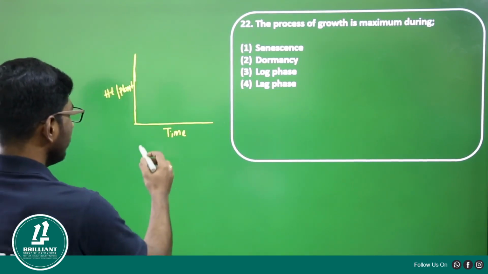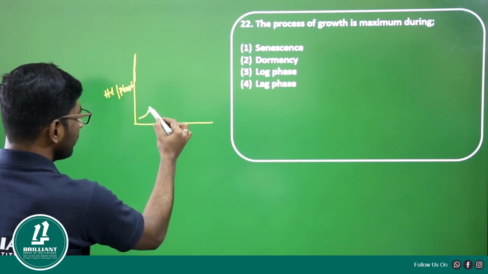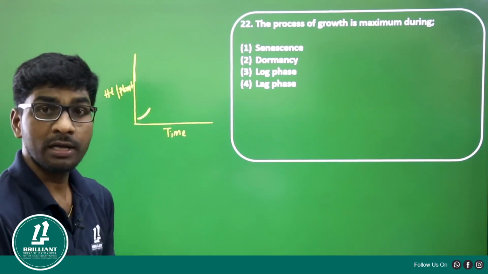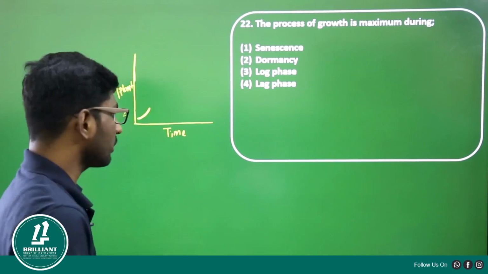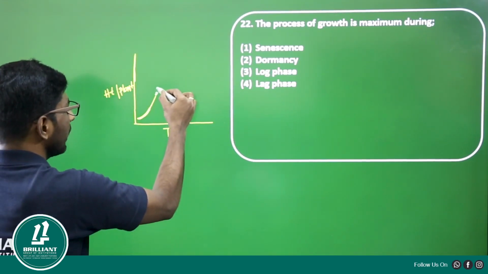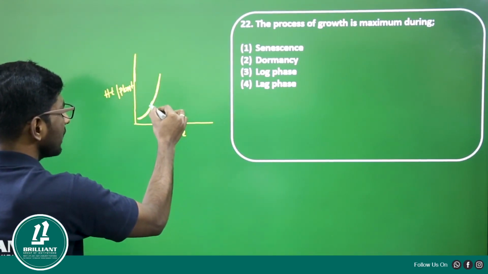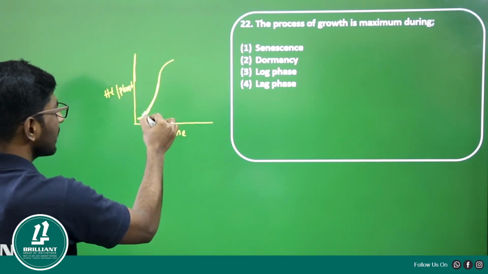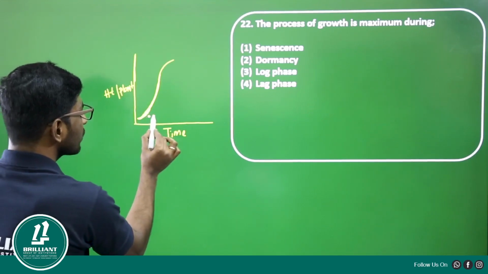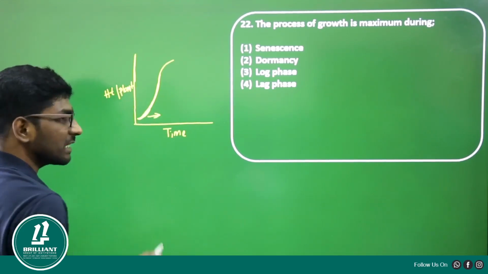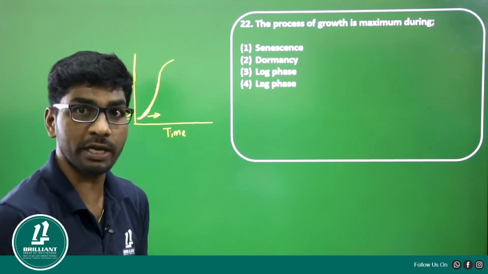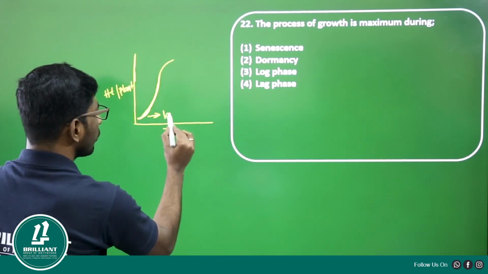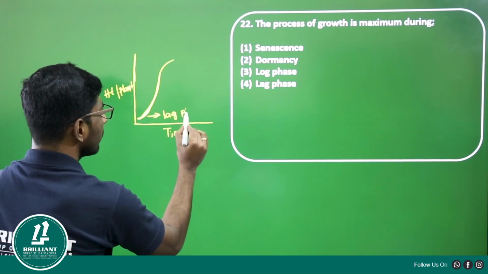What is the first phase here? Initially the growth is very small. Later it increases, and at a certain point it becomes stable. The first phase, with an initial low growth rate, is known as the lag phase.